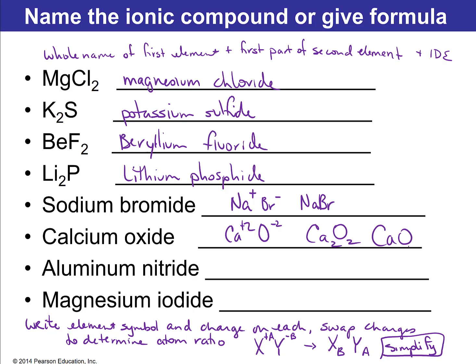Aluminum nitride. Aluminum Al is, nitrogen is, you see that one? Nitrogen's in group 5A, so 8 minus 5 is 3. That tells you the charge on the nitrogen. Swap them, and you're going to get Al3N. I'm sorry.